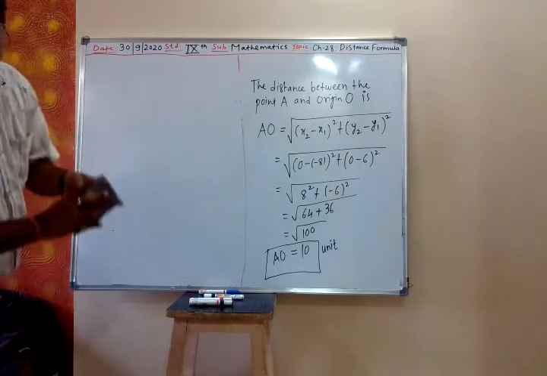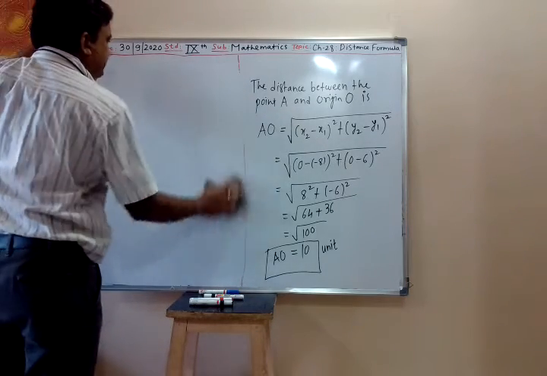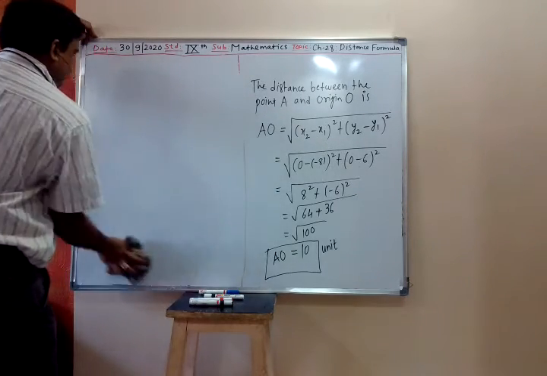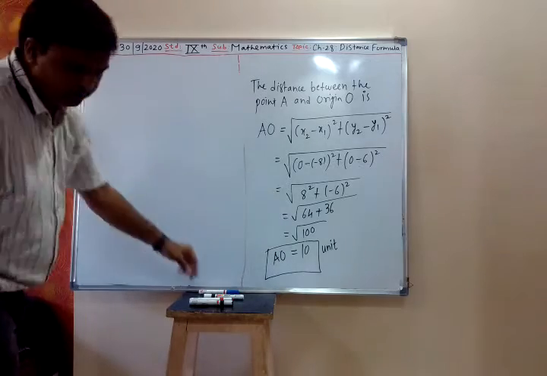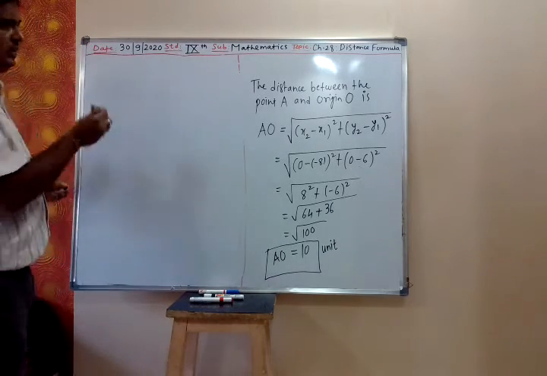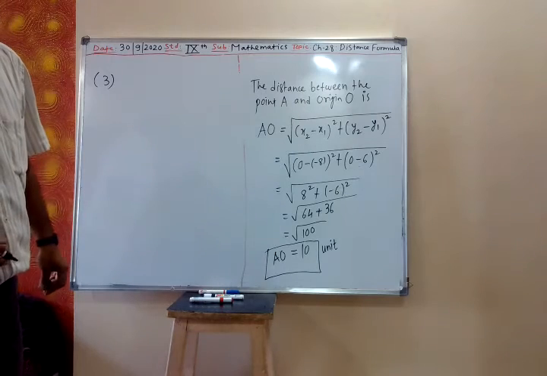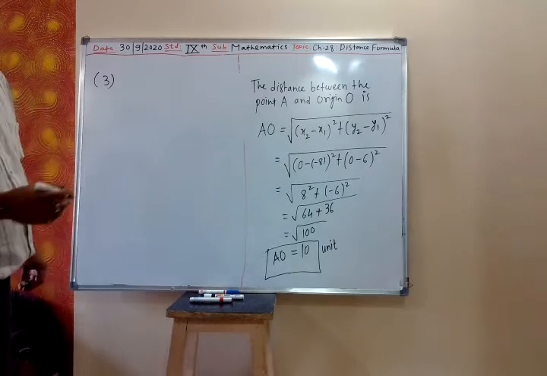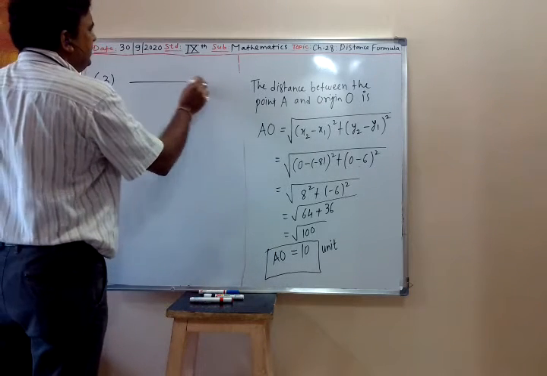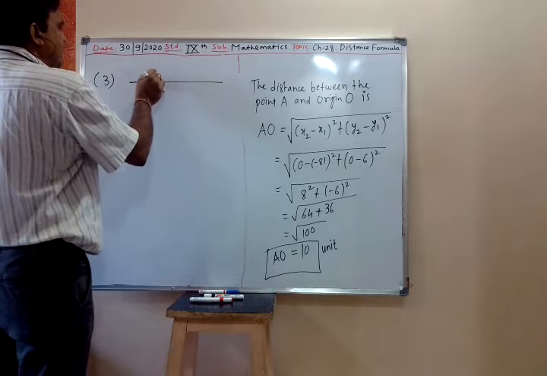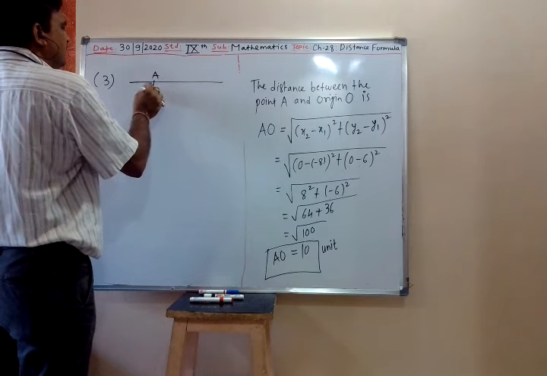The distance between the point 3, 1 and 0, x. So you can take the point A as 0, x, no problem.